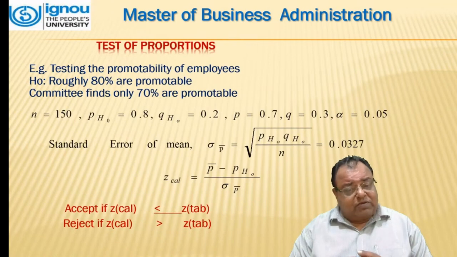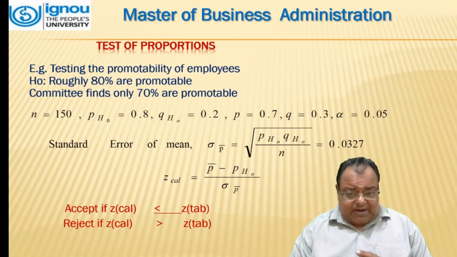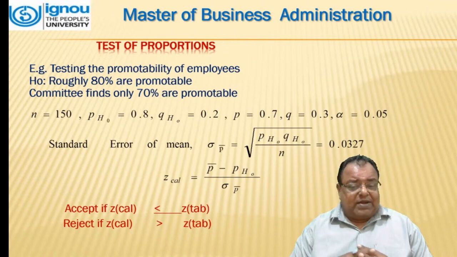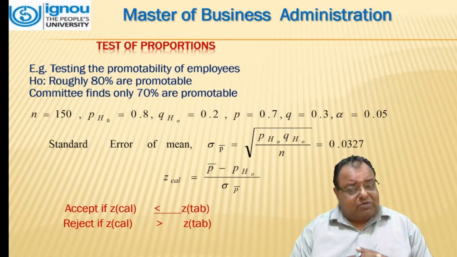Here we are going to use the standard error formula, that is sigma P bar, which is equal to the square root of P H naught, Q H naught upon n. All the values are available to us. We get the value of 0.03.